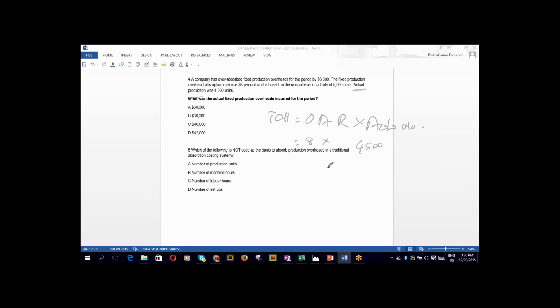So we have absorbed 36,000. That is what we have absorbed. And they say when we absorb 36,000, we have absorbed 6,000 in excess. So what is the actual overhead?